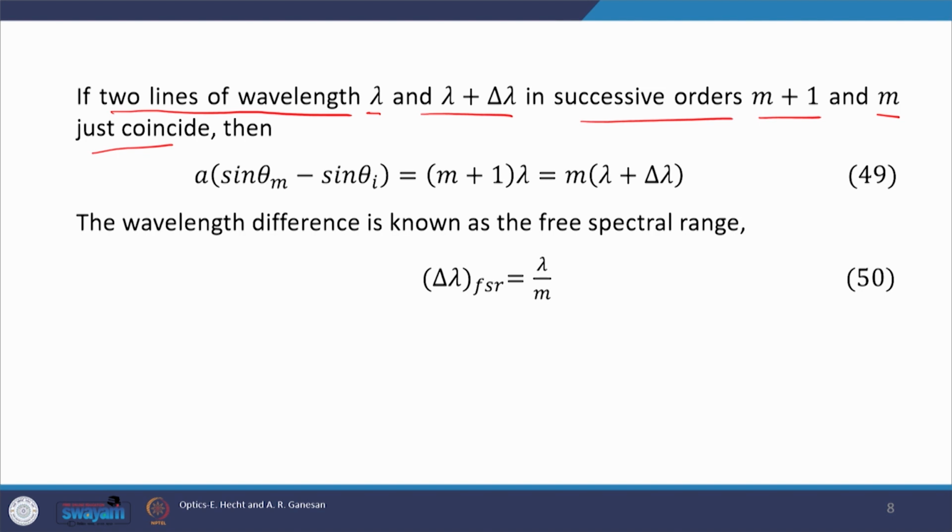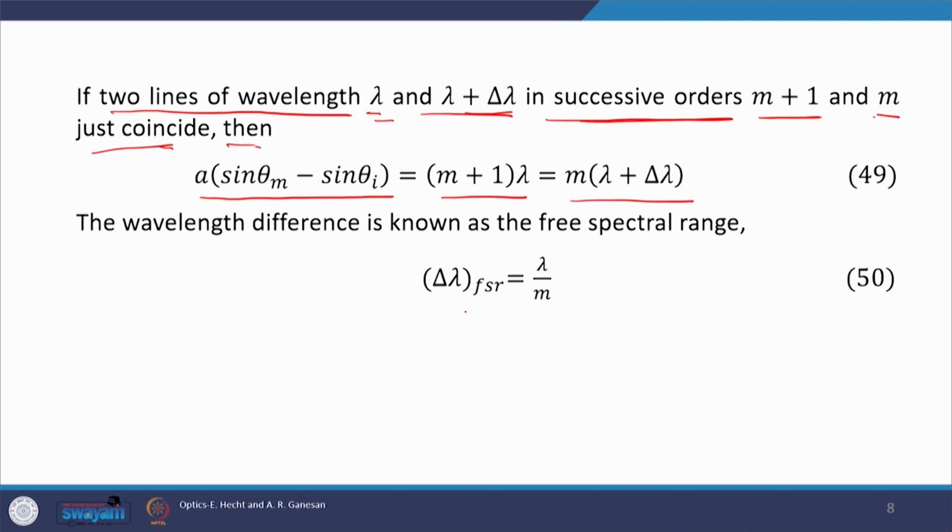From our grating equation we can write that a (sin theta m minus sin theta i) is equal to m plus 1 lambda, while for the other wavelength this would be equal to m times lambda plus delta lambda.